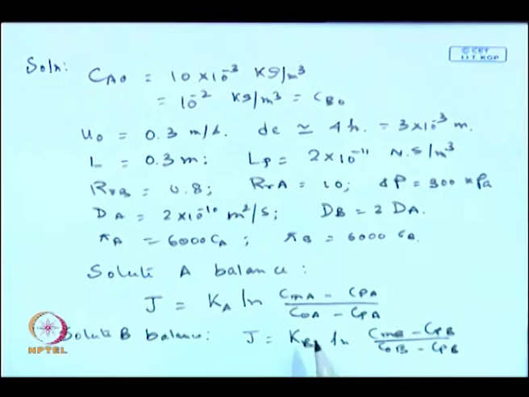And it is given that Cpa is equal to 0 because real retention is equal to 1. So, in the permeate there is no concentration of solute A. If real retention were something else, that would have been put in here. For the sake of simplicity, we have assumed that real retention for component A is 1, so the permeate will have only one component, which will be component B.